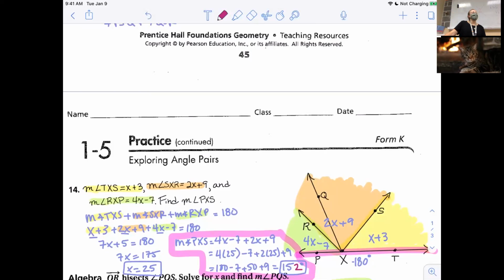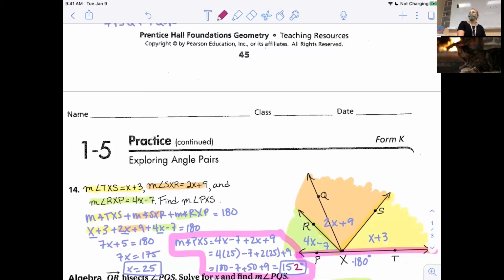Once I labeled everything, it was really easy to see that all 3 of those added up to 180. So that whole line, PXT, that's a straight angle, it adds to 180. So I added up all of them and set them equal to 180. I kept the color coordinating going so you could see my thought process.